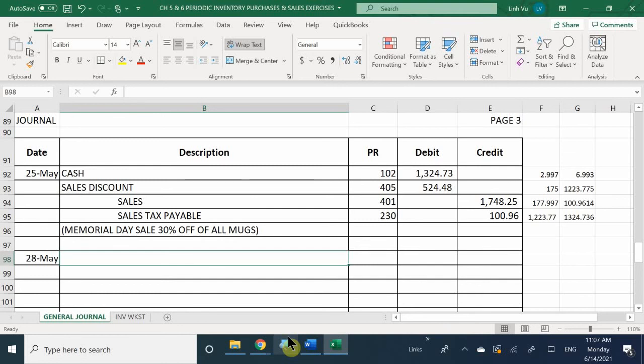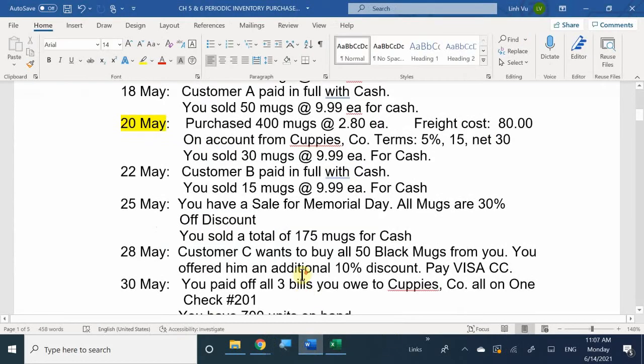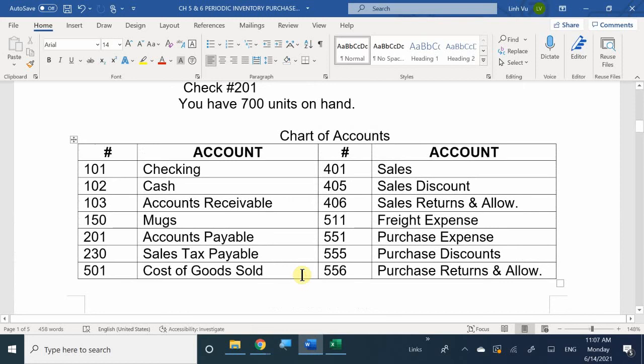In this case, no, he doesn't owe us money. So let's take a look at our accounts right now. If he didn't give us cash and he doesn't owe us money, where does a credit card transaction usually go? Accounts payable?